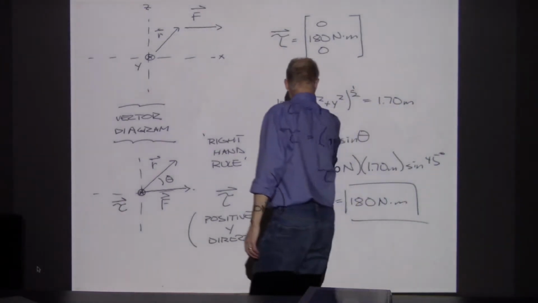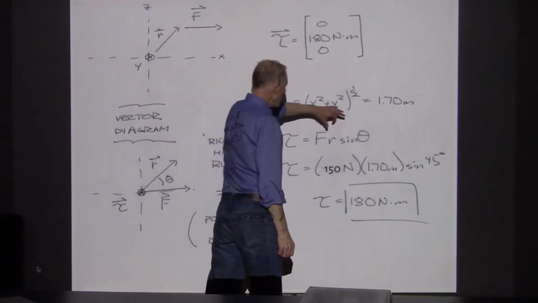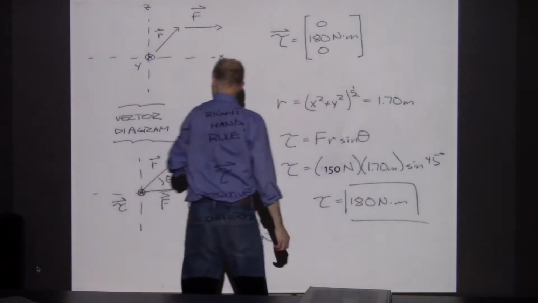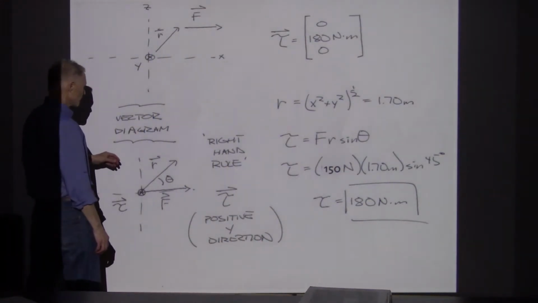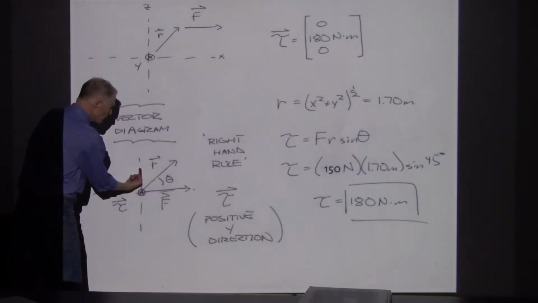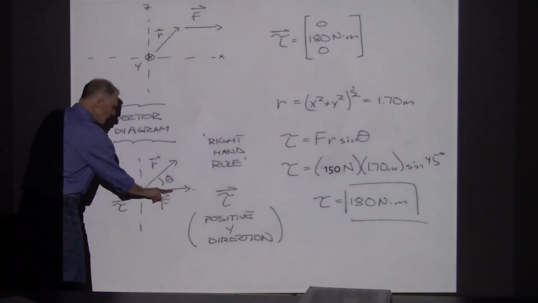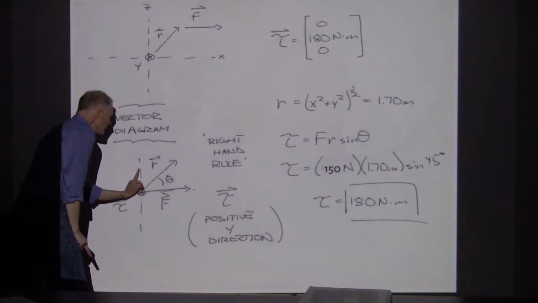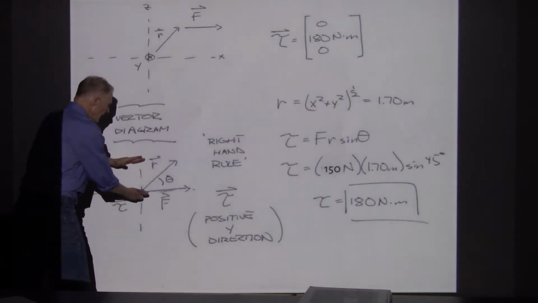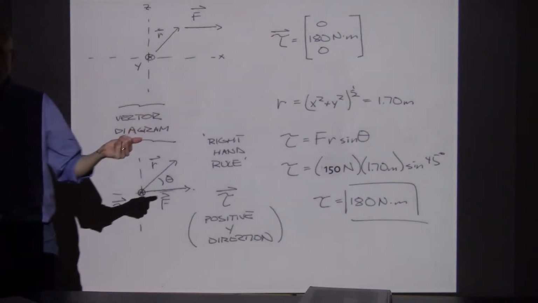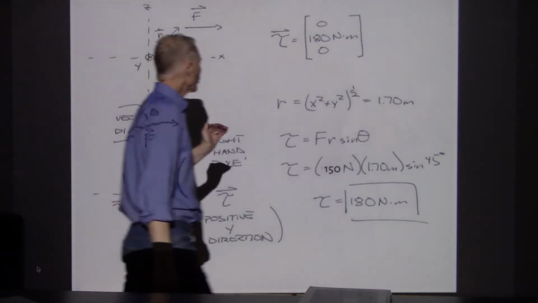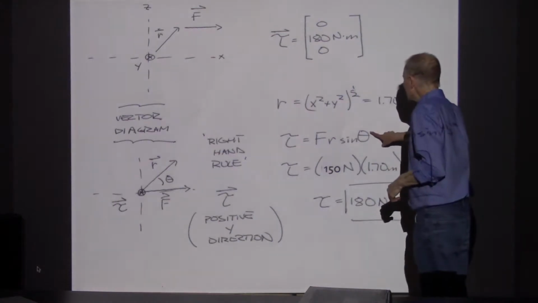If I take the force of 150 newtons, where is r sine theta on my diagram? r sine theta would be this component right here. So this would be r cosine, this would be r sine theta, and r sine theta is z. So this approach also works, and more often than not, we can solve it this way.